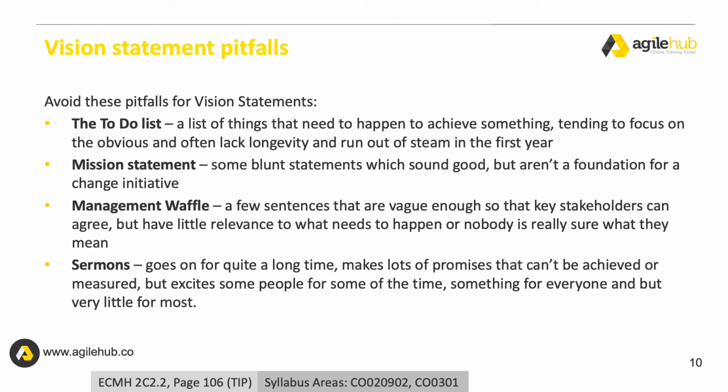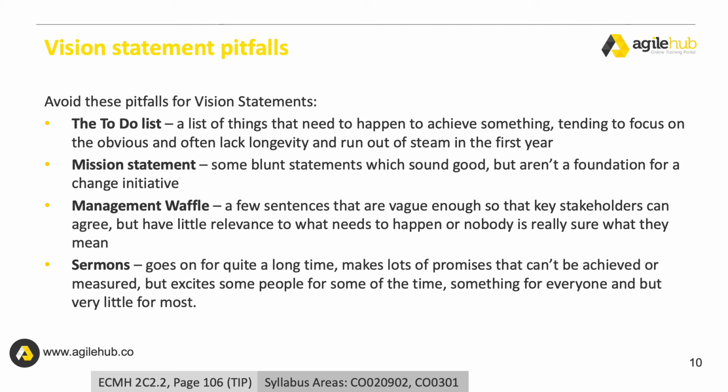Vision statement pitfalls. Avoid these pitfalls for vision statements. The to-do list: a list of things that need to happen to achieve something, tending to focus on the obvious and often lacking longevity, running out of steam in the first year. Mission statement: some blunt statements, which sound good, but aren't a foundation for a change initiative.